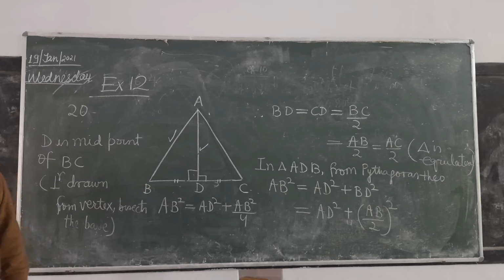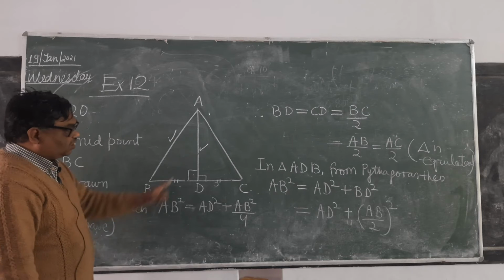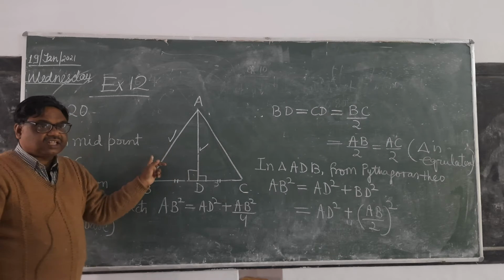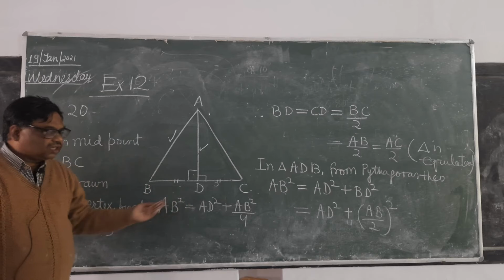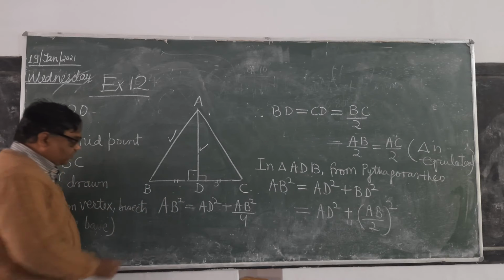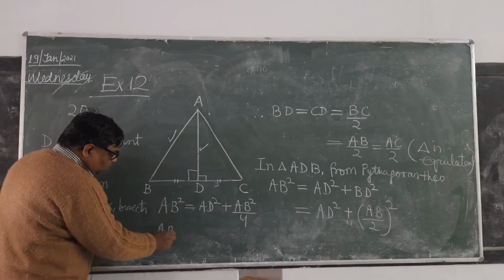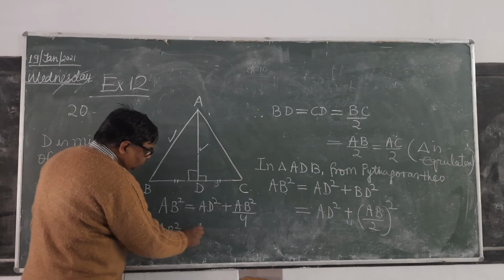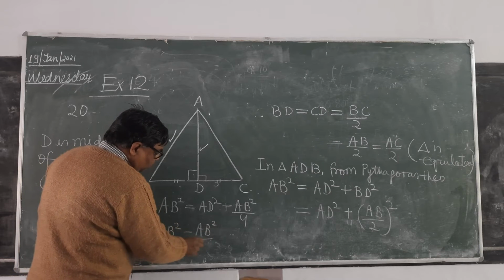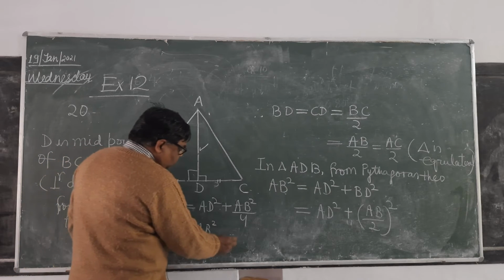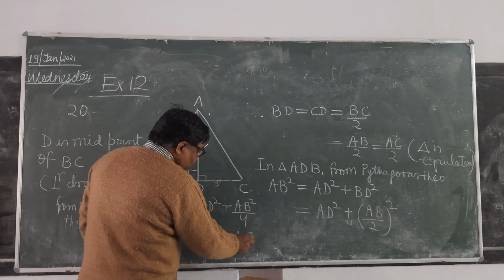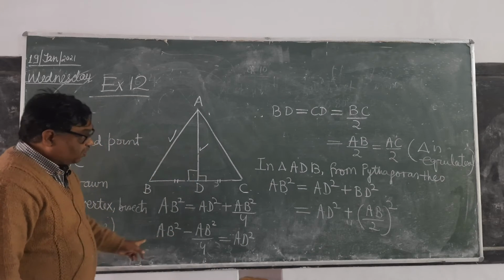After this what will you do? We need a relation between which terms? On one side there is AD, on the other side AB. So you bring the term of AB to the left hand side. So AB square minus AB square upon 4 equals AD square.